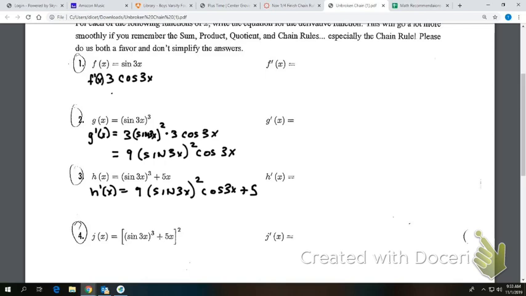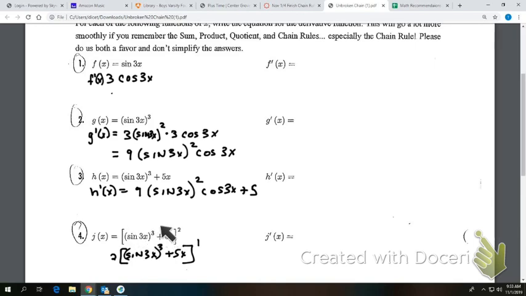So it's going to become, if you want to watch me here, 2 times all this. So 2 times (sine of 3x) quantity cubed plus 5x raised to the first power now. Everybody agree? And then look up here, please.